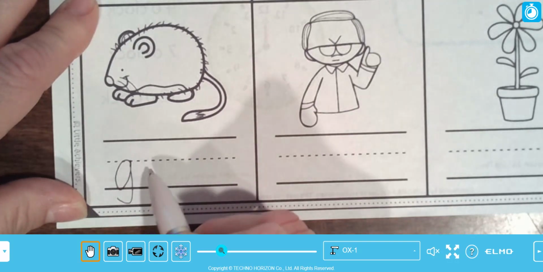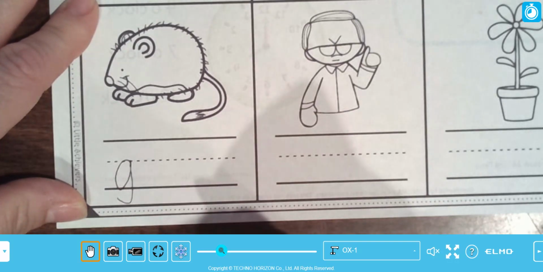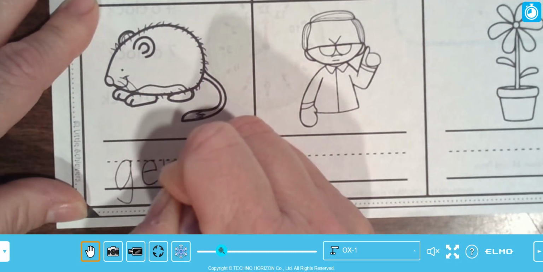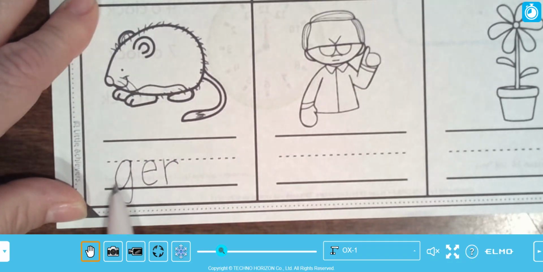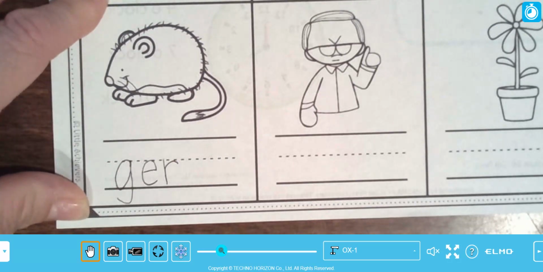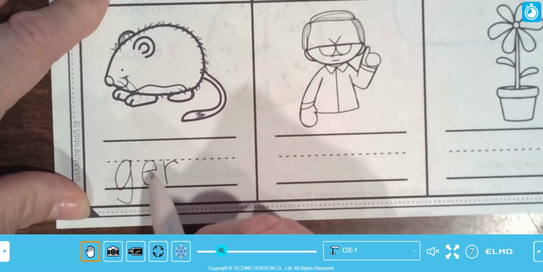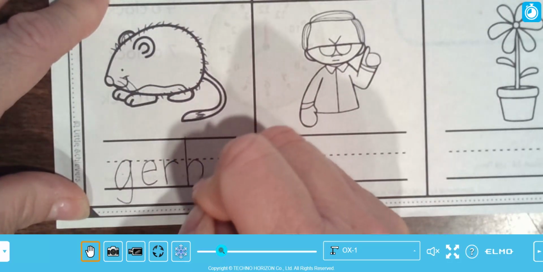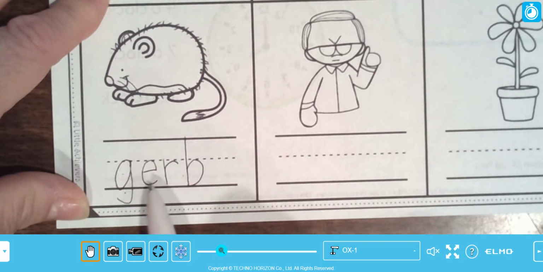So J. What makes the sound? Yeah, the ER. Let's do that. Here we go. J, okay. J, B. So B is the B, which is a tall letter. Fall, small, small, tall.